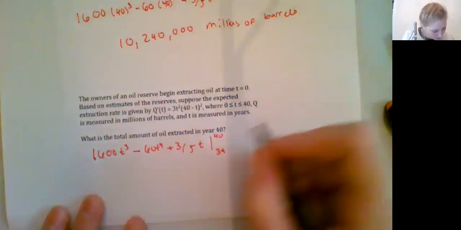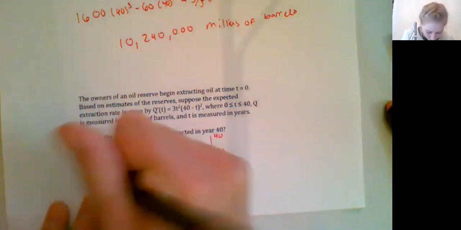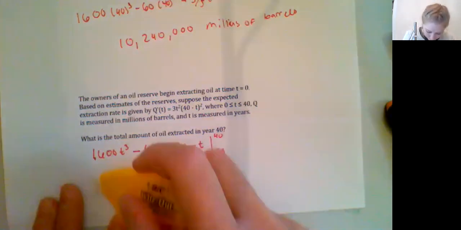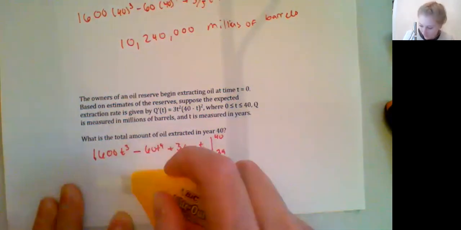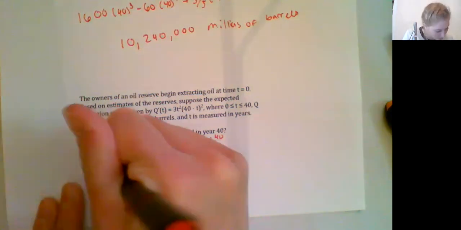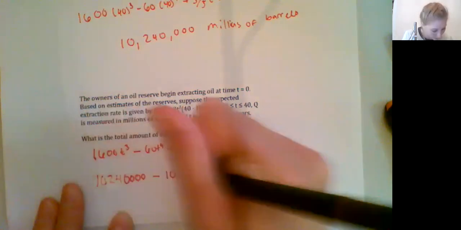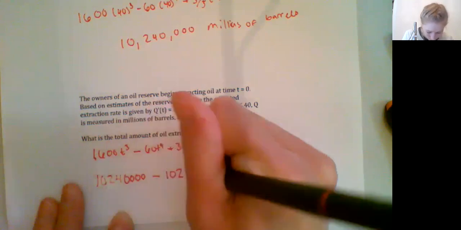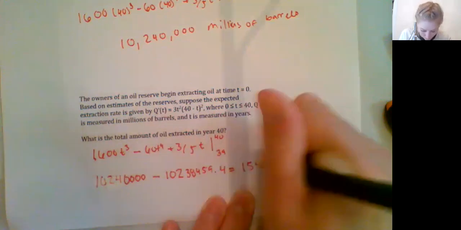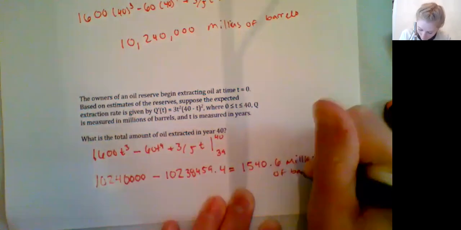If I substitute in 40, oh, I'm writing this all wrong. Do you feel like your brain goes faster than your hand can keep up with? Then I substitute in 39, and this is what I got. I'm going to subtract them, and I'm going to get millions of barrels.